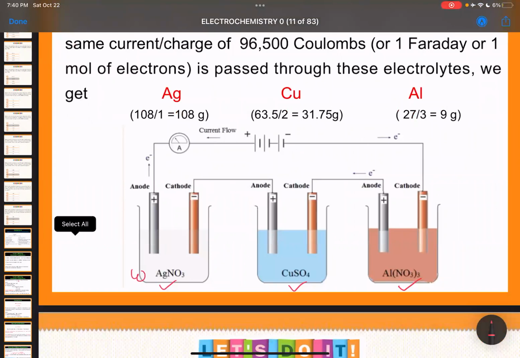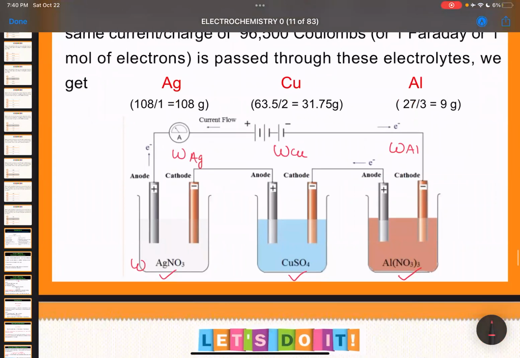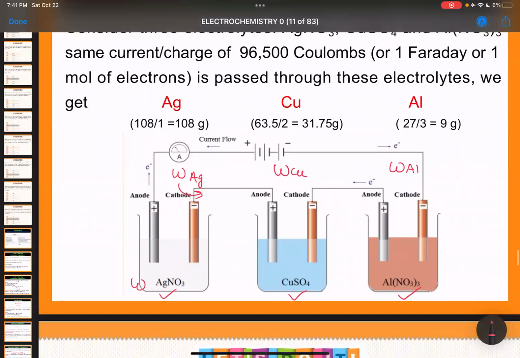So mass of Ag deposited, mass of copper deposited, and mass of aluminum deposited. It is ZIT, ZIT, ZIT. IT is same for all because the current is same.